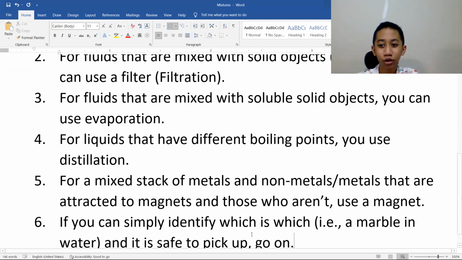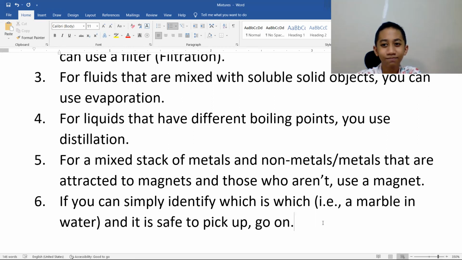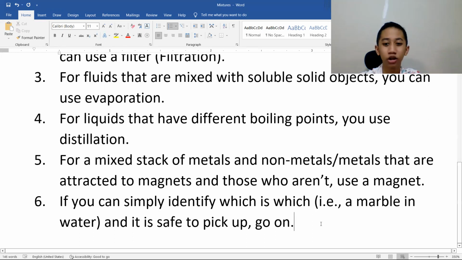Albeit that does not work for everything. Let's say you have a metal that is heated to 100 degrees Celsius on rocks. I do not think that is safe to pick up unless you have proper heat-resistant safety gloves.